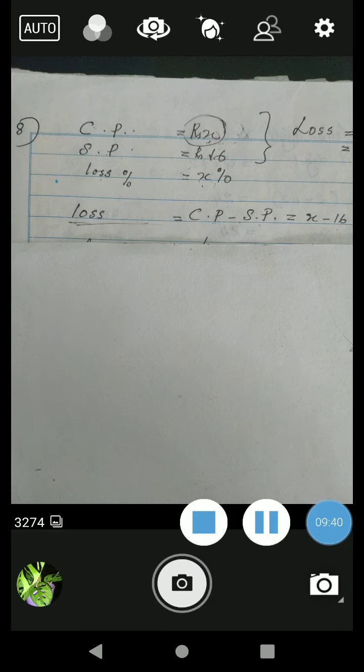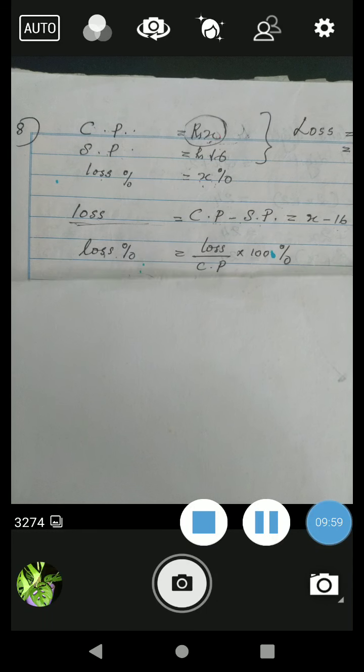Loss percent is equal to loss by CP into 100%. And once again I remind you, profit percent and loss percent are calculated on cost price.